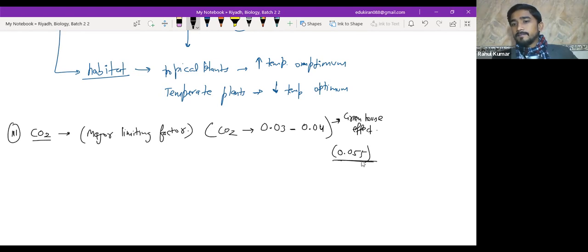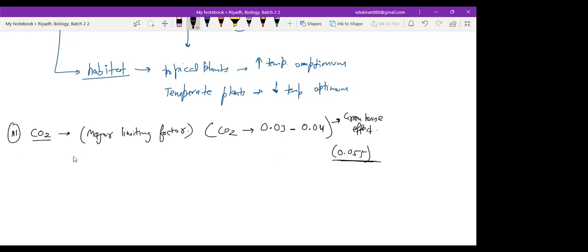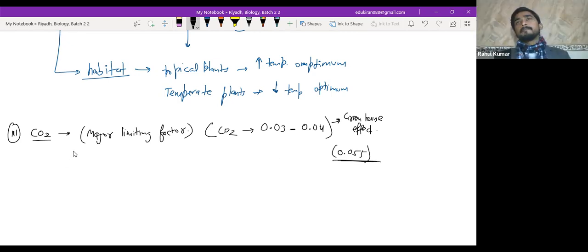Beyond this level, CO2 has a damaging effect in the long run. Is it clear? Now write down: the effect of CO2 on photosynthesis is different in C3 and C4 plants.